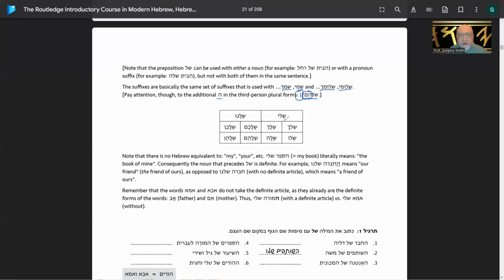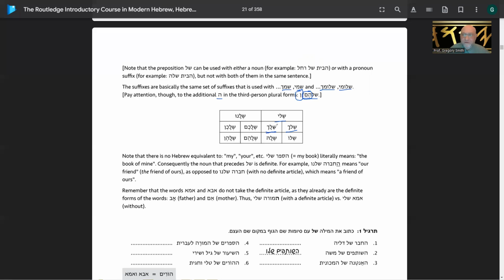Okay, so here's a chart here. So we have belonging to me, sheli, shelcha, belonging to him, shelach, belonging to her. Let me see here. No, wait a minute. This is belonging to me. This one, shelcha, is belonging to you.